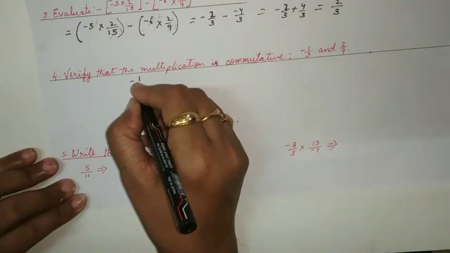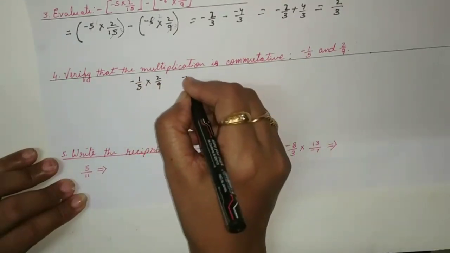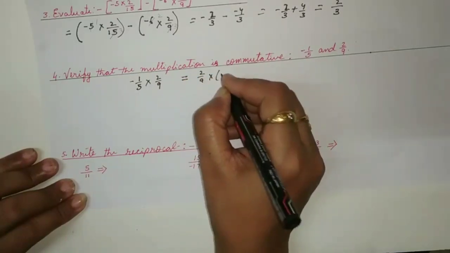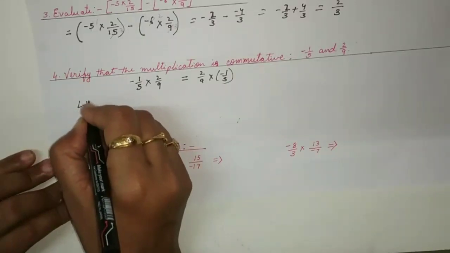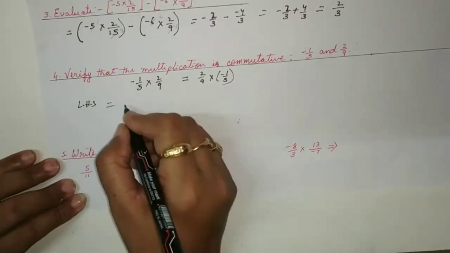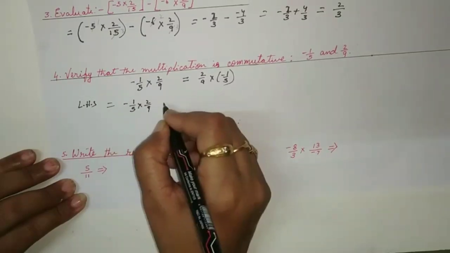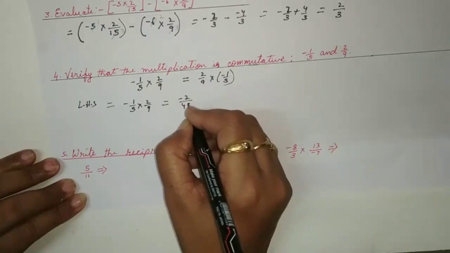That is minus 1 by 5 into 2 by 9 should be equal to 2 by 9 into minus 1 by 5. So if we say LHS, left hand side, it is minus 1 by 5 into 2 by 9. Nothing to get cancelled, so you get minus 2 by 45.